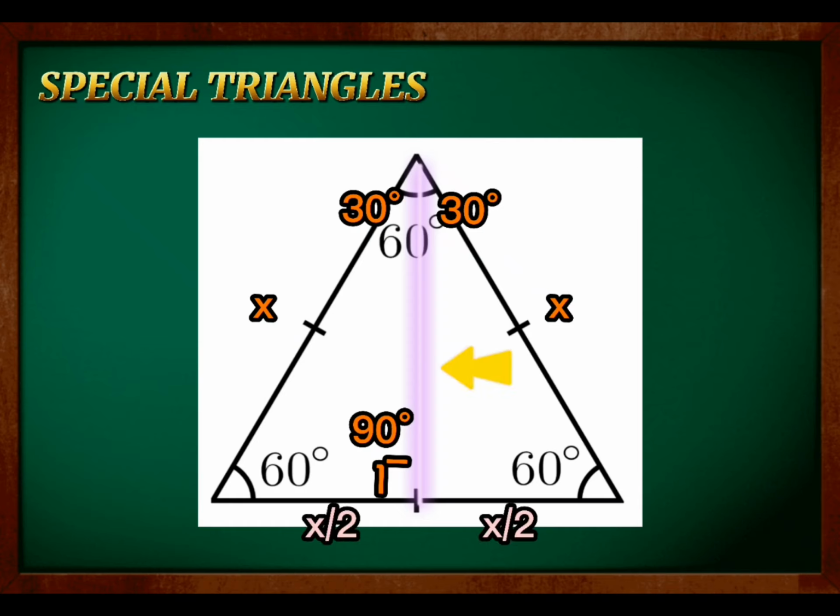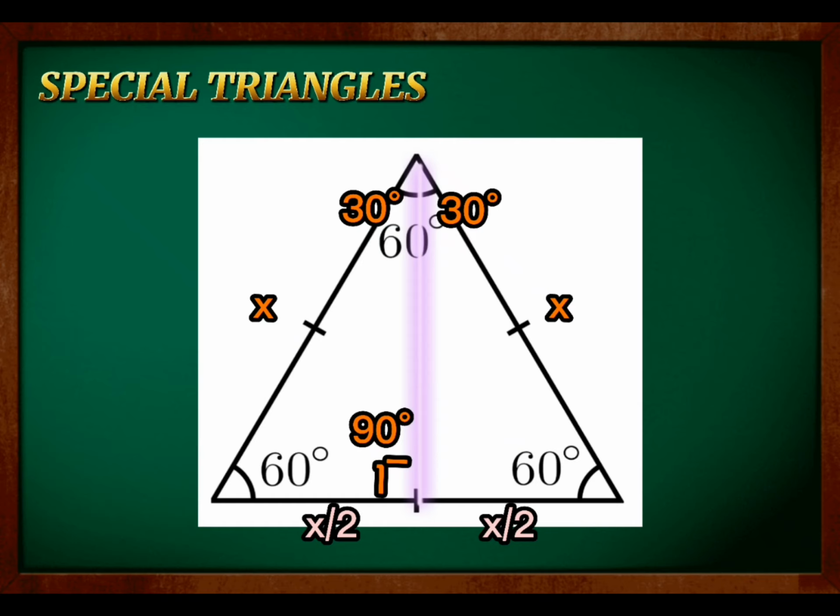We now have to find the measure of this other side. Take note that we are proving that the 30, 60, 90 is a measurement of 2, 1, and square root of 3. So the hypotenuse is x, one side is 1/2 x, and the other side is unknown.